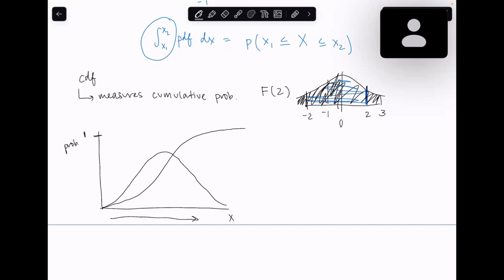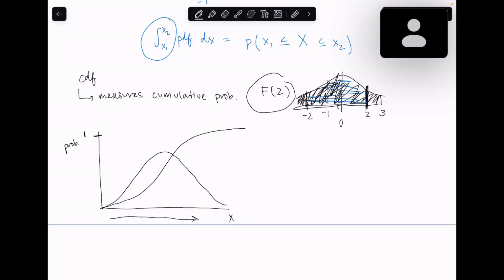So it's showing all the probabilities of the x values below a certain x value. So if I'm looking at F of 2, for example, we're looking at the probability that x takes on the value of 2 or anything below that.